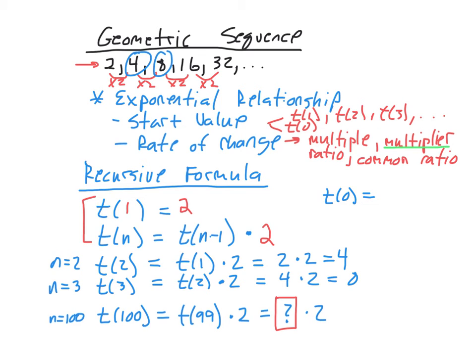Well, if I go forward with my common ratio, I multiply by 2. So therefore, if I go backwards, I'm going to divide by 2. Opposite direction, opposite operation. So I take T of 1 and divide by 2. Well, that's 2 divided by 2. T of 0 is 1. The rest of the formula doesn't change.